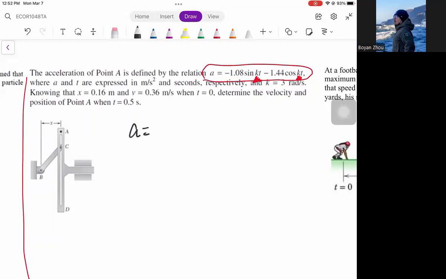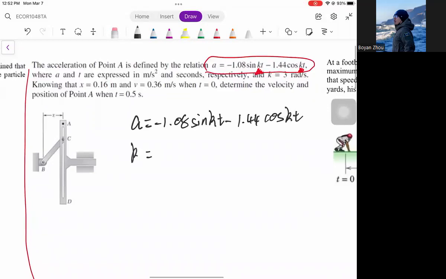I'm going to write down the known and the unknown conditions first. The known condition first: a is a function of time, negative 1.08 sine kt minus 1.44 cosine kt.